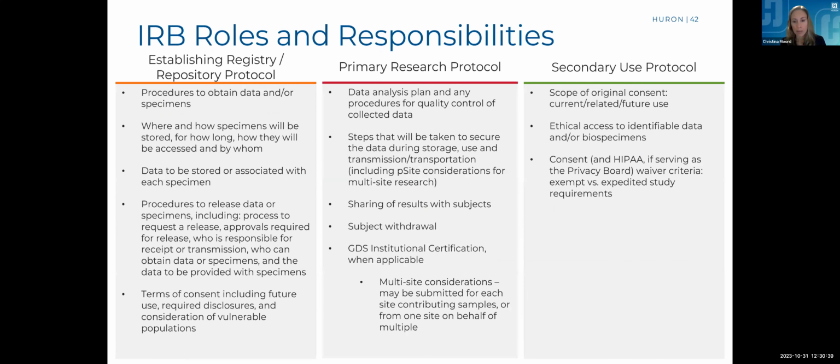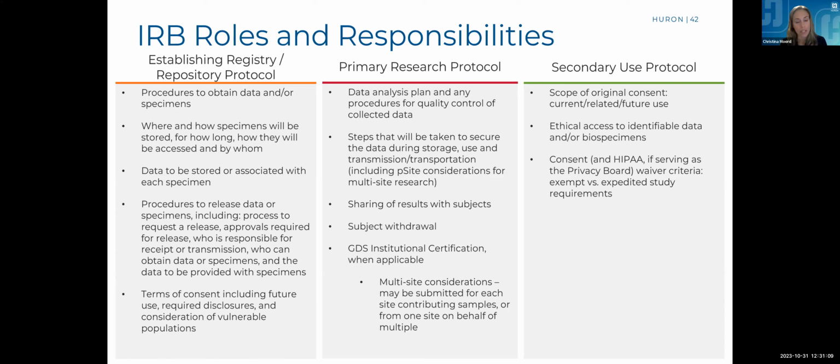Okay, we're going to spend a bit of time on this slide to examine review considerations for protocols subject to the DMSP. When IRB reviews a protocol to establish a research registry or repository, specific information must be evaluated about how the data or specimens are obtained, storage and access, conditions around linked data, including the identifiers collected, procedures to release data, and terms of consent for future use.